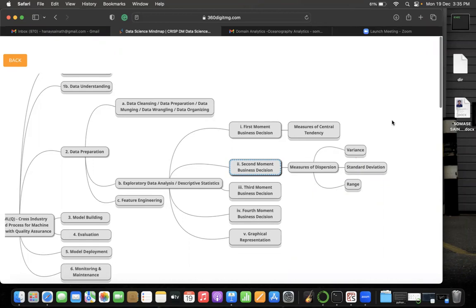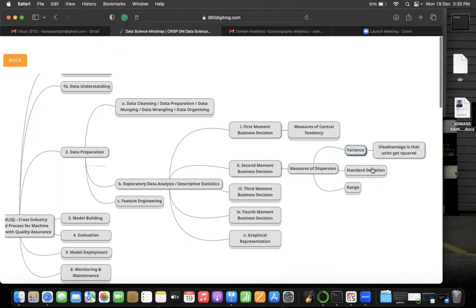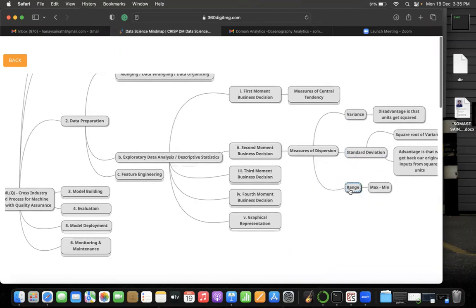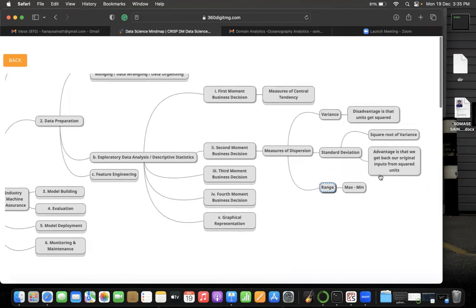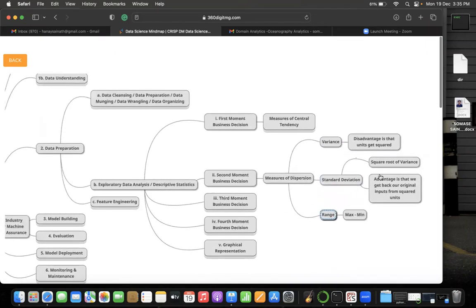The difference between the maxima and minima of the values of the data set is nothing but the range. So this was about the second moment business decision.